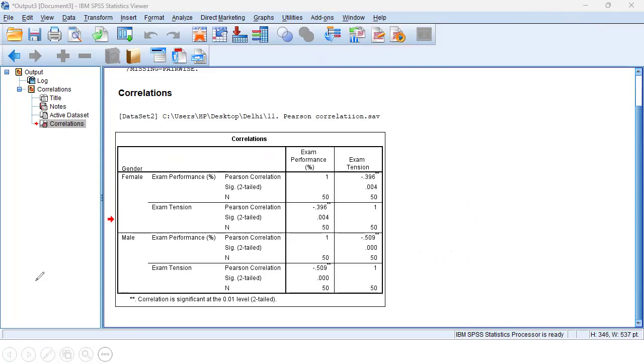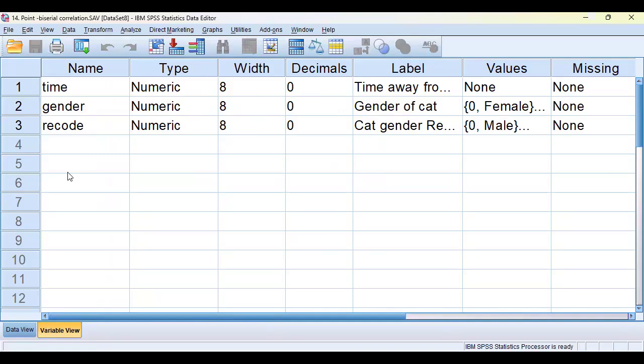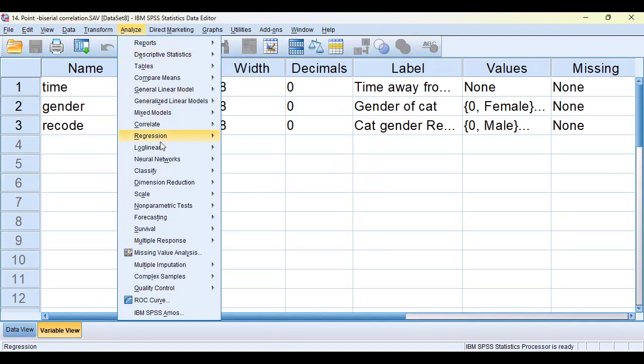Next is the Spearman correlation coefficient. Another example. This is the point biserial correlation.